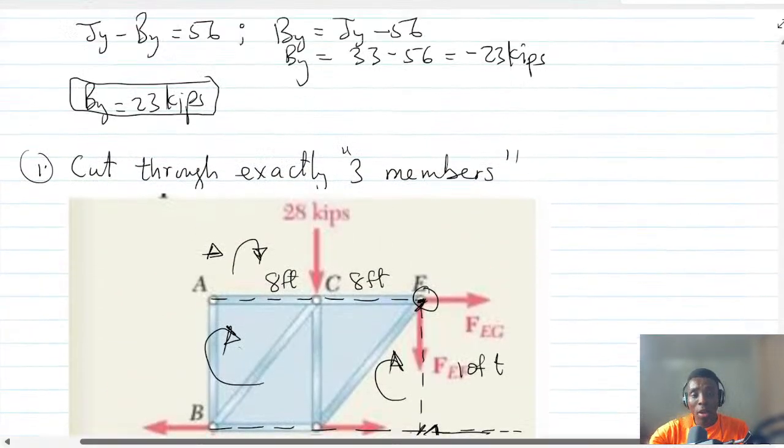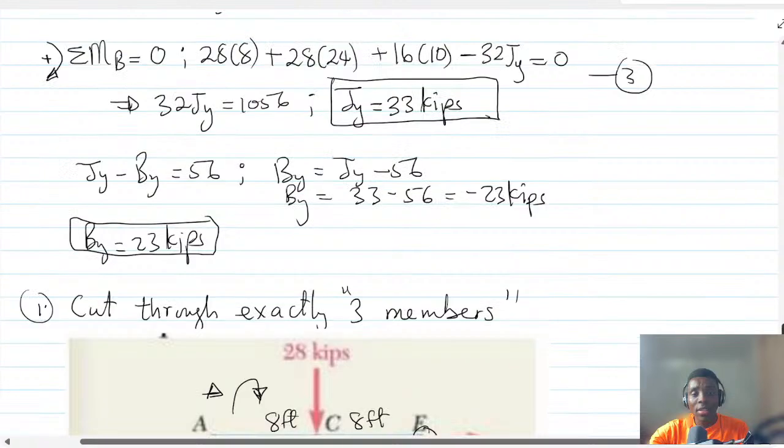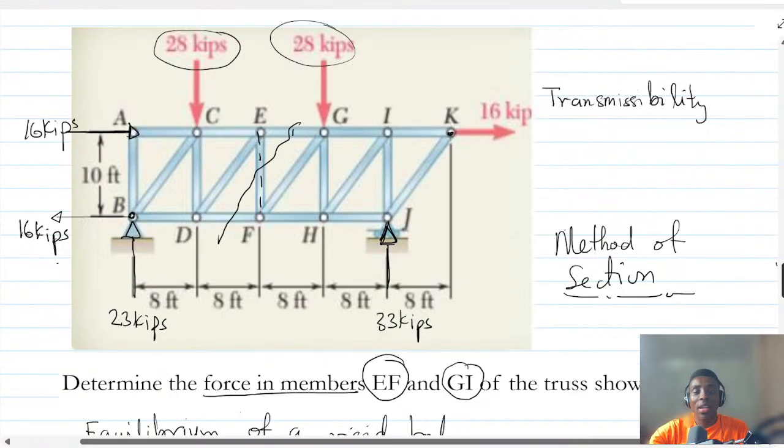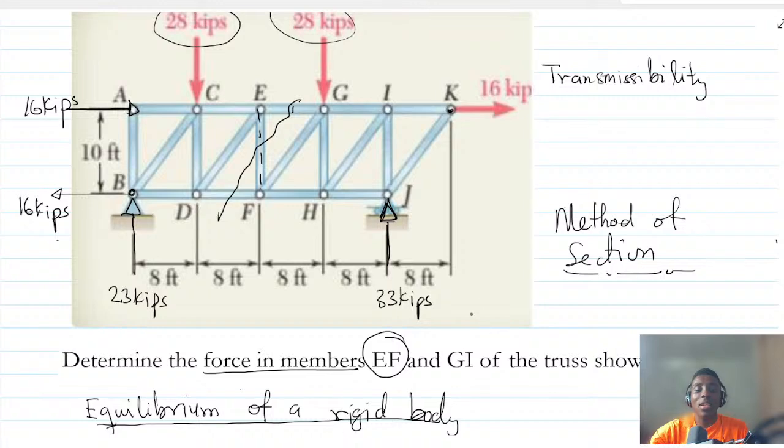If you want to find the force in member JI, so member JI is this one. Member JI is this one. Okay. So again, you will pass a line or a section which will go through JI.